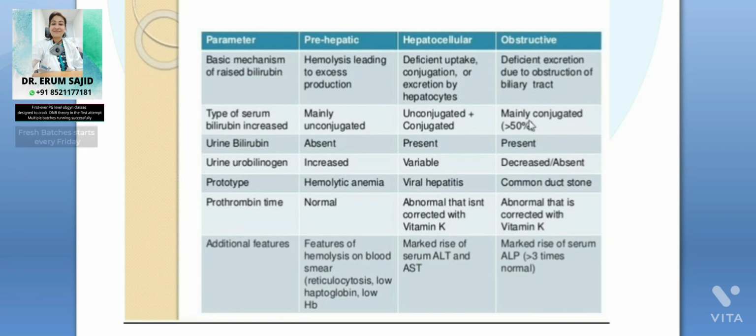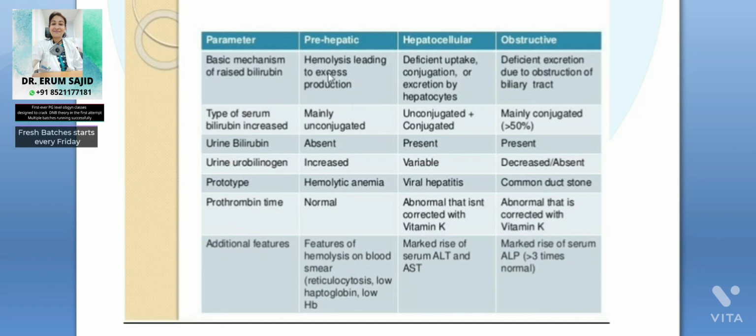So mainly the conjugated bilirubin is back in the circulation because of backflow, not because it's getting absorbed. It's not getting absorbed, so obviously it will not go ahead with the gut or with the urine. Are you getting that? That is the point. So this is actually the difference.